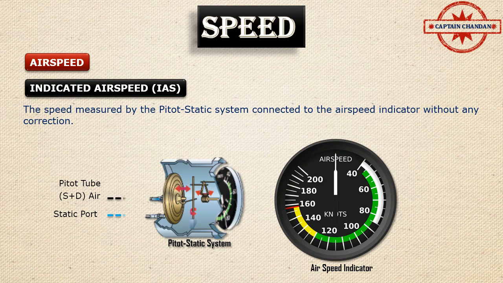But in this speed there are some errors. For example, instrument error, density error, position error, compressibility error. Our goal is to remove all the errors and find true airspeed. So we will see how we can do that.